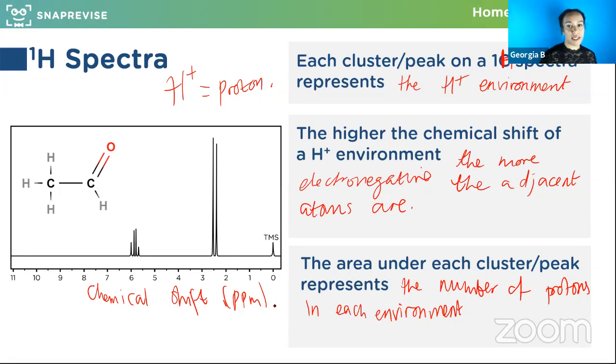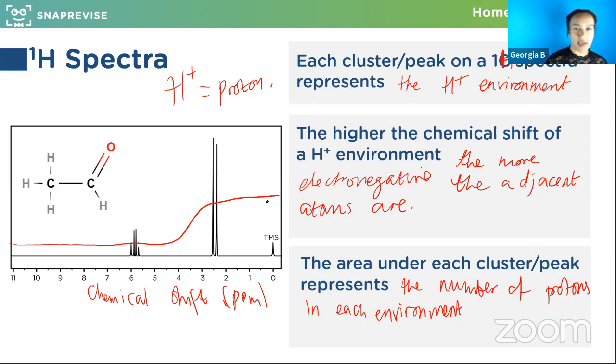Yeah, integration, exactly. And luckily, the software tends to do the integration for you and will either give you a number or you'll get something called the integration trace. So essentially, whoops, that's a rubbish line. Okay, I'm going to try again. Essentially, the software will give you a line for each peak that shows you its relative abundance.